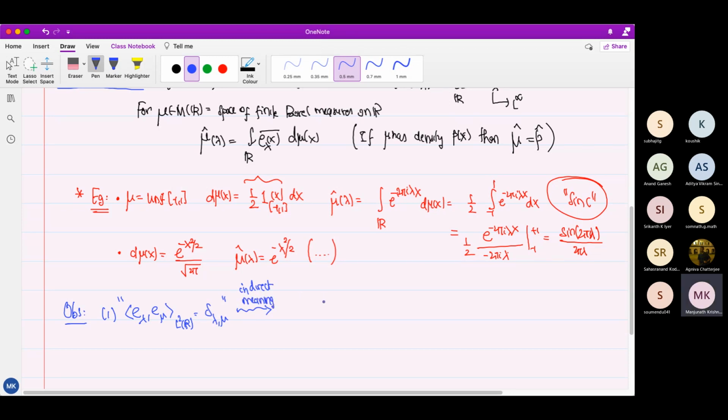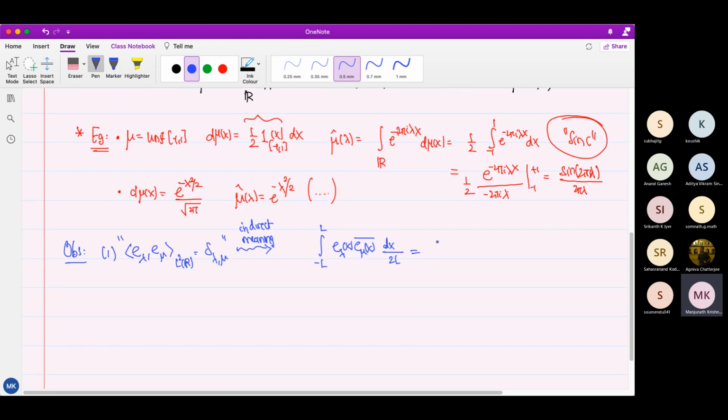Just like in the case of Z, if you take, let's say, minus L to L, E lambda of x, E mu of x bar, and then integrate with respect to the uniform measure on minus L, L, which is 1 over 2L times the Lebesgue measure. Then what you get is very simple. It's like here, what do you get? e to the 2 pi i lambda minus mu into x.